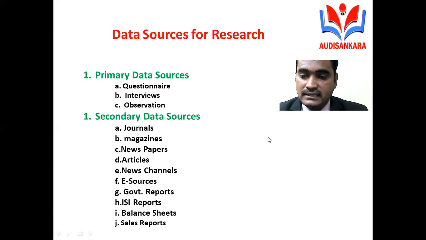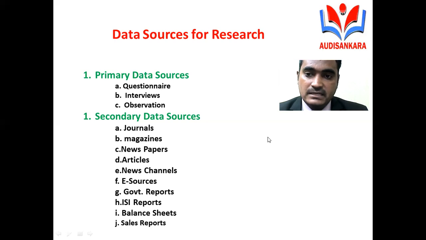We need to collect the data from various sources. Unless we collect sufficient data from various sources and tabulate the data into rows and columns in an Excel sheet, it's not possible to apply any sort of analytical tools.